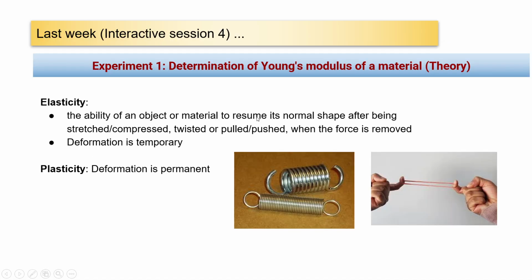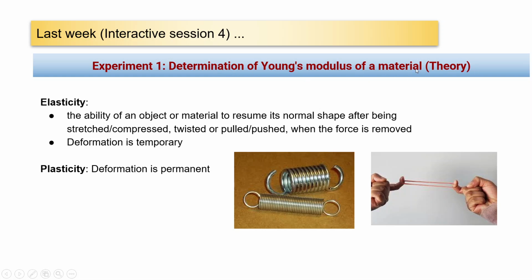Okay, so let's have a quick recap of what we discussed last time. After 3 weeks of lectures, we have finally started discussing the particular experiments. Last week we discussed the basic theory we should keep in mind when doing the experiment for determination of Young's modulus of a material.